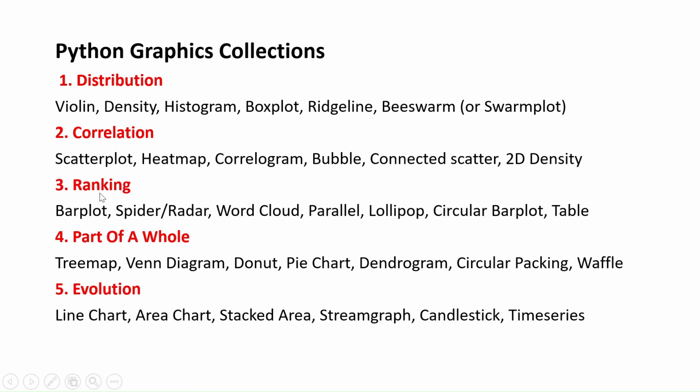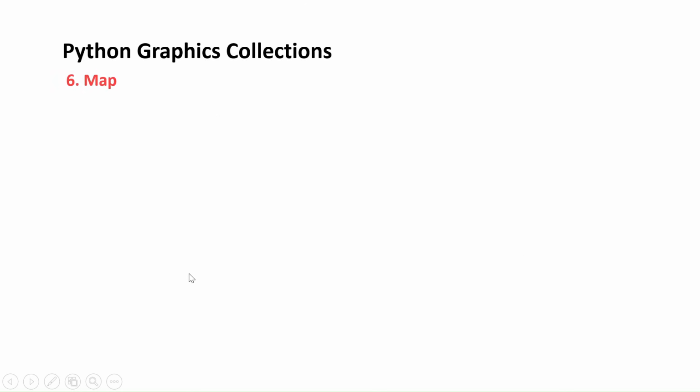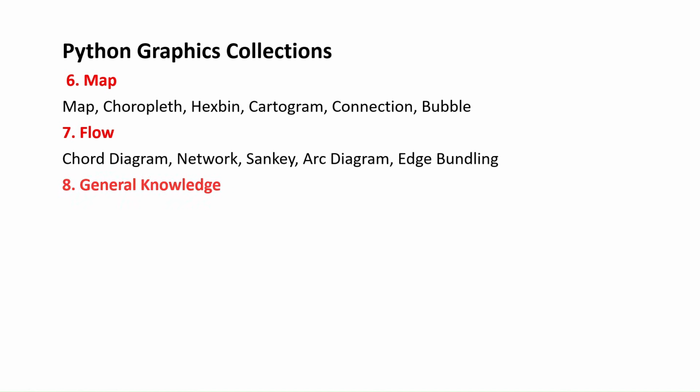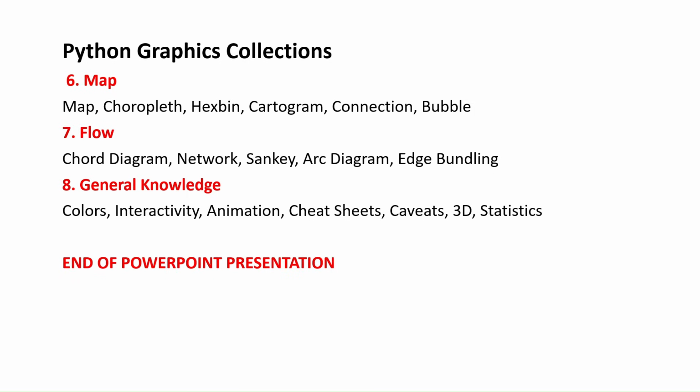When we go to the others, we'll be combining maybe two of them. Maybe in one video, 2 and 3, correlation and ranking, in another part of the whole and evolution, then another video on maps, and lastly another video on flows and general knowledge. So maybe there will be about 4 or 5 videos.